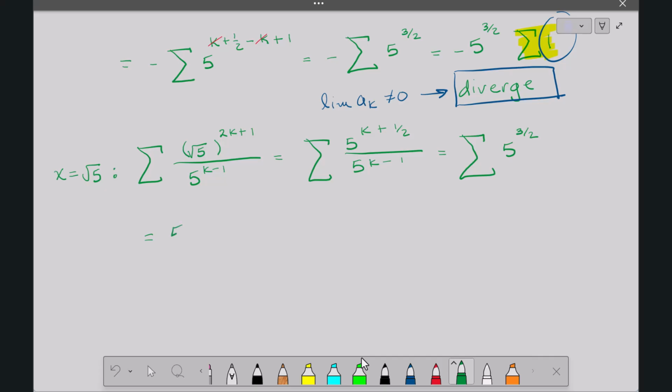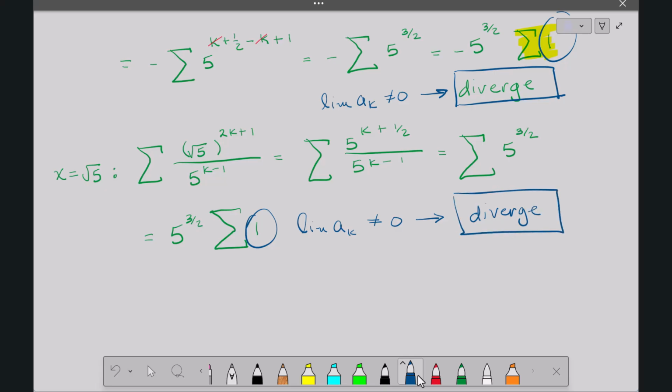Or you could factor it out to its simplest form, where we have a 1 on the inside, and just like above, that means 1 plus 1 plus 1 plus 1 forever and ever. And our justification is that the limit of a sub k, it's not 0. The limit of a sub k is 1, right? The limit of a constant is itself. And if that's not 0, our conclusion is diverge.